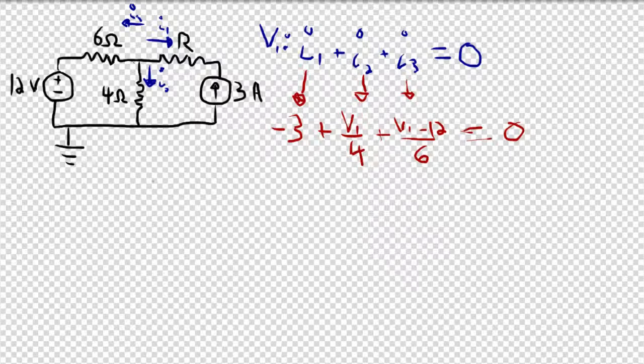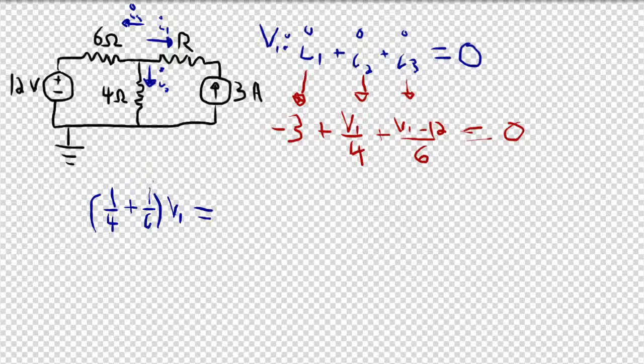We're going to want to keep all the expressions with variables on the left and all the expressions without variables on the right. So we have a quarter plus a sixth multiplied by V1.